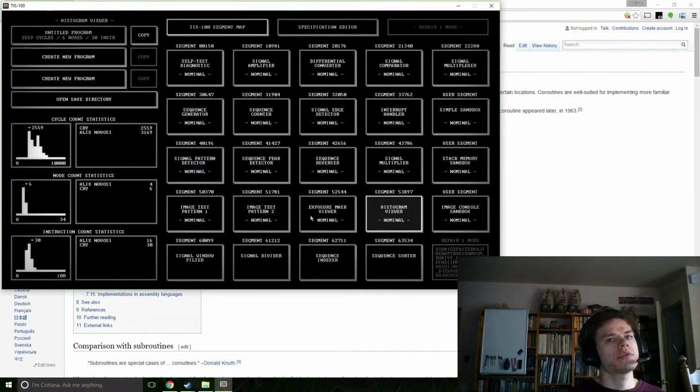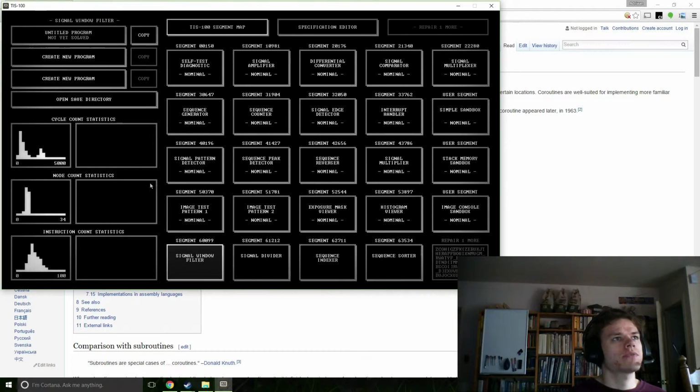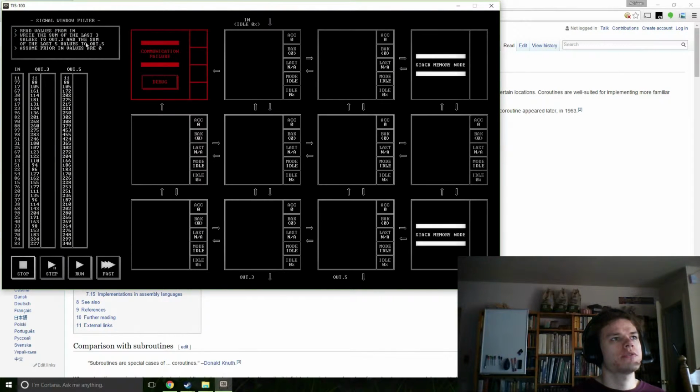So yeah, the next one that I have to do is write the sum of the last three, keep a rolling window of the values written in, and then write the sum of the last three values to one output, and write the sum of the last five values to a different output, which seems difficult.